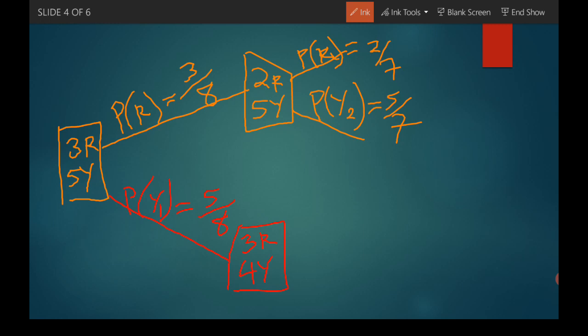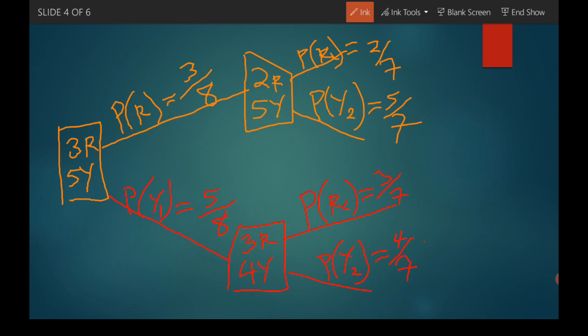What you pick, you don't replace it. So the remainder will be 4. So that means that on the second picking, my probability of picking out a red, given that the first one was yellow, will be equal to 3 out of 7. And likewise, the probability of picking out the yellow on the second picking, given that the first one was yellow, will be equal to 4 out of 7, like that.